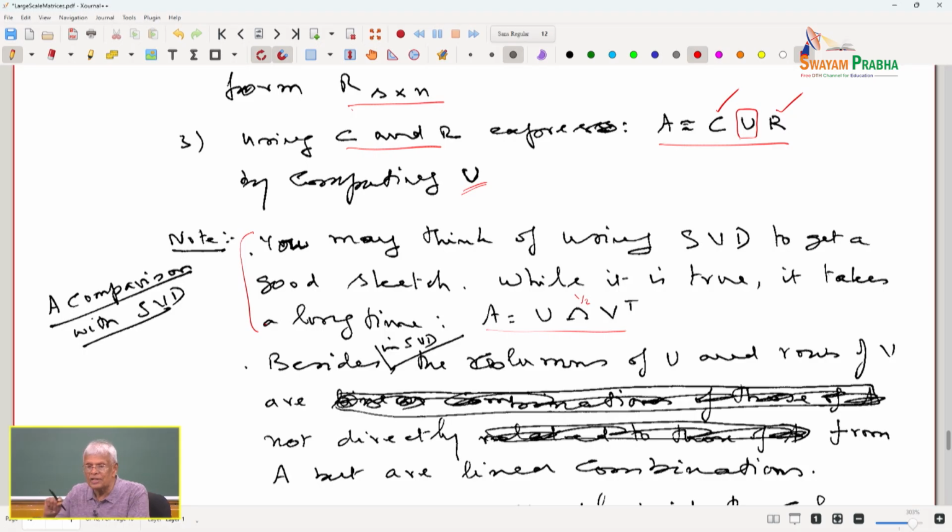Then you pick a beta in some range between 0 and 1. Then you find a k such that the total variance explained is at least 1 minus beta. So, using such an argument, we can already find a sketch.